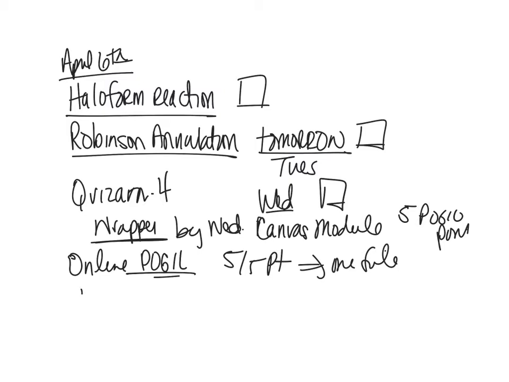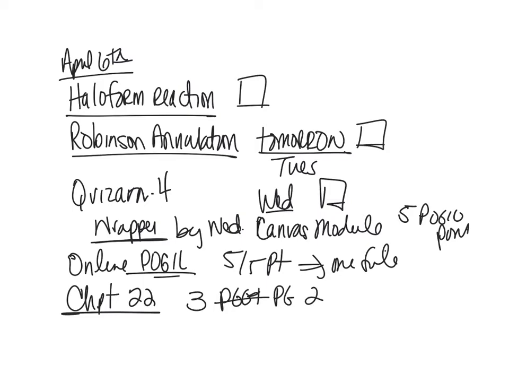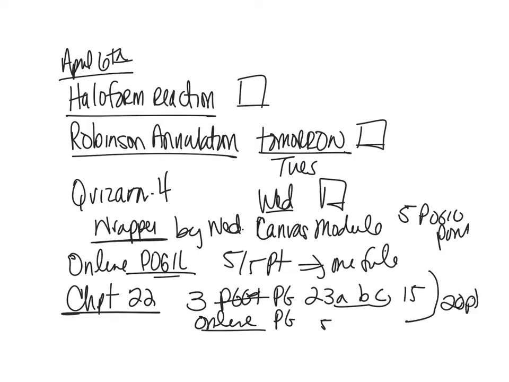So for this chapter 22, you should have the 3 POGILs from your book, 23A, B, and C, and then we're just going to do one of these online POGILs. So that's 15 and that's 5. So you have about 20 POGIL points for this chapter total.